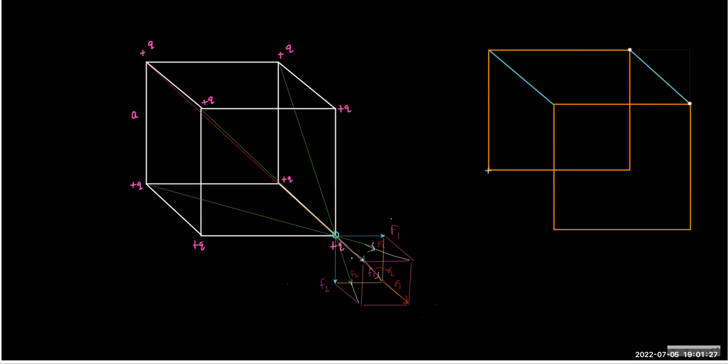This cube problem is not unique to this chapter. Every chapter will have some sort of cube problem.